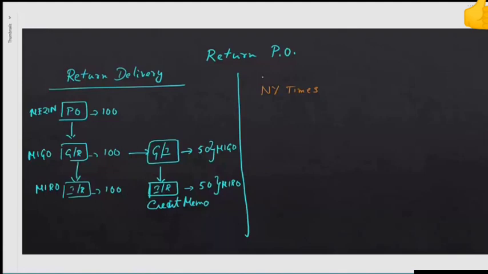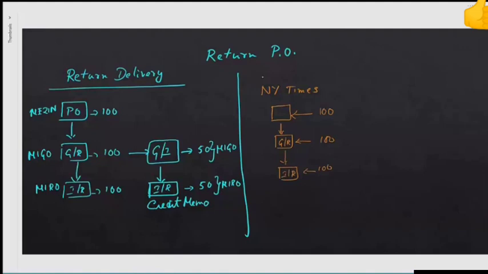So how does this process work? There is a PO that gets you 100 newspapers every day, right? And we receive 100 and we get an invoice for 100, right?